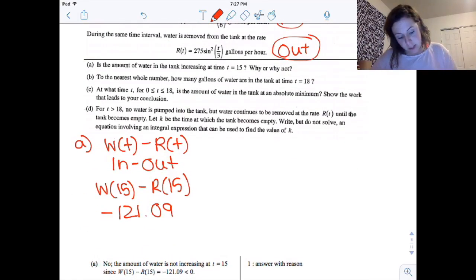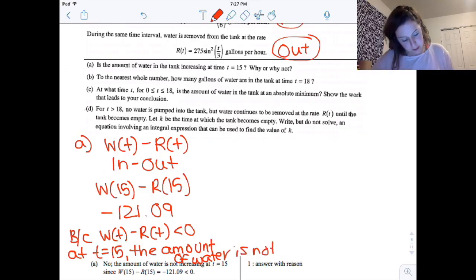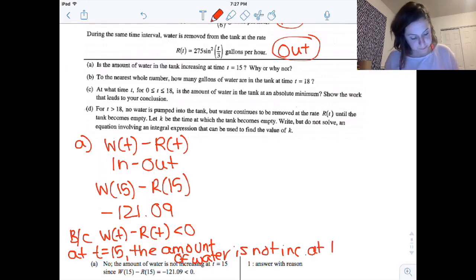So because W of t minus R of t is less than 0 at t equals 15, the amount of water is not increasing, the amount of water is decreasing at that time. That is what I would be looking at for part A.